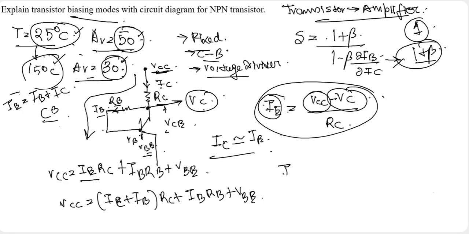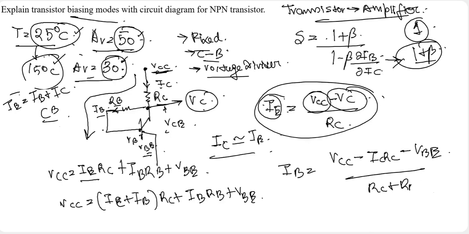From here, we will find the value of IB, and the value of IB will be equal to VCC minus IC RC minus VBE divided by RC plus RB. If you multiply all this and take the value of IB common from the equation, we will be getting this equation.